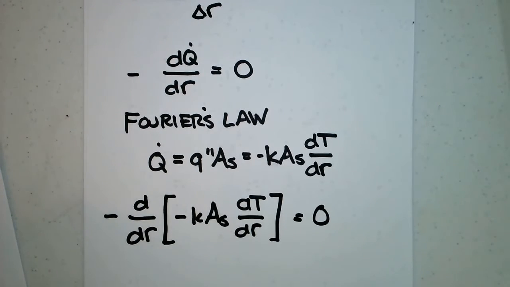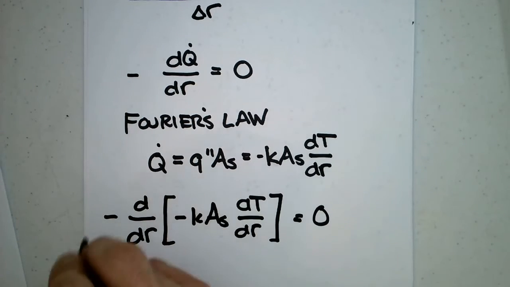And so now we can say if k is a constant material property, we can remove that from this differential. And the surface area that we're interested in, we've taken the limit as delta R goes to 0, so there aren't really two surface areas to speak of. That surface area can be written as 2 pi r delta z.